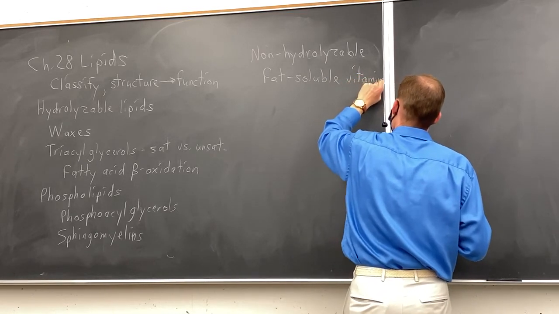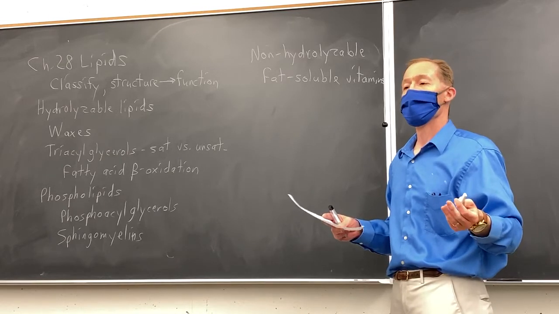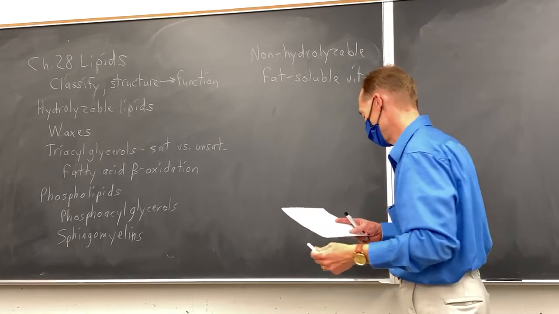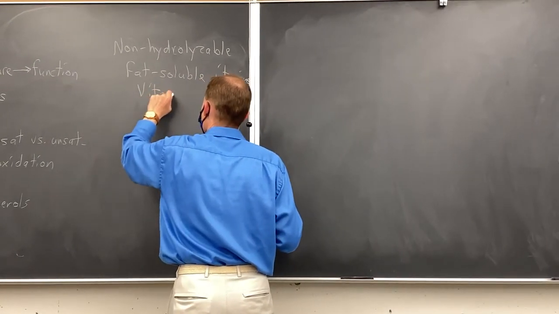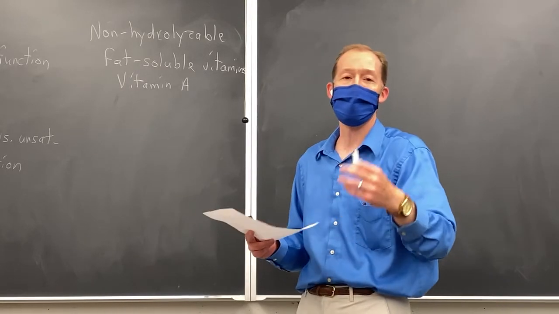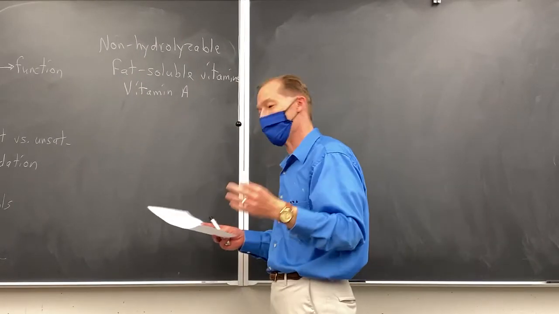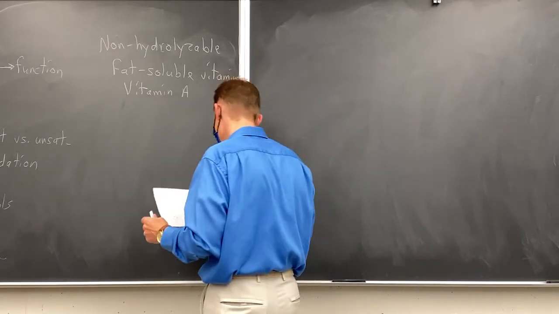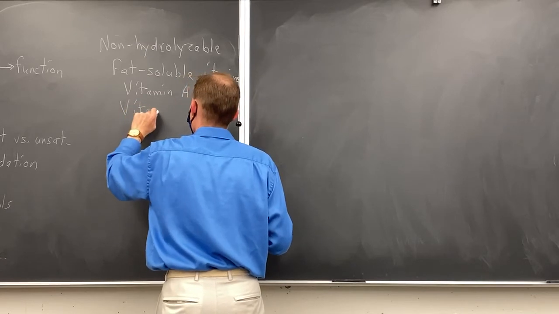And here, the important ones to focus on are the two where we connected the structure to the function. And that's vitamin A. That was an earlier process where we discussed how vitamin A plays a role in the chemistry of vision. And then vitamin E, that was also earlier.